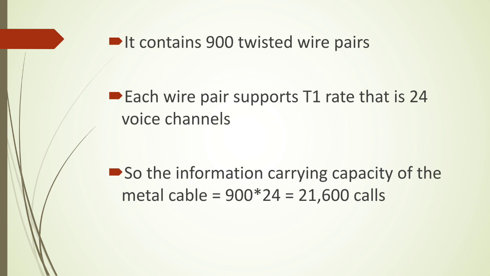So we can find out the information carrying capacity of this metal cable. There are 900 twisted wire pairs, and each wire pair supports 24 voice channels. So the total capacity will be equal to 900 multiplied by 24, which is 21,600 calls simultaneously.